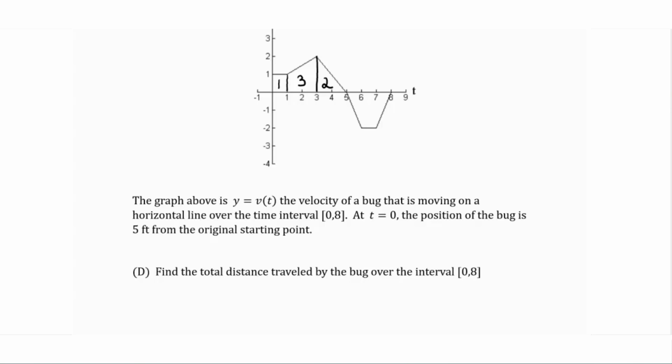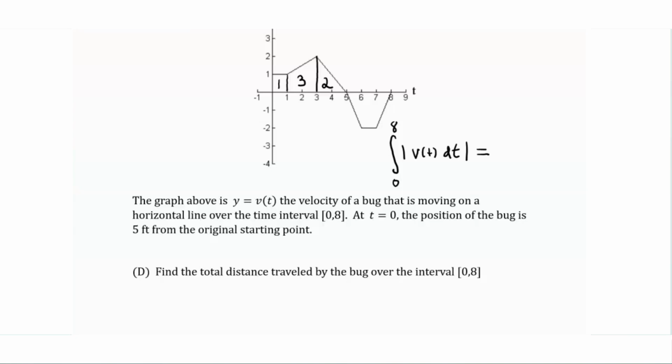Part D, find the total distance traveled by the bug over the interval 0 to 8. We need to make the distinction between displacement and total distance traveled. If you want the total distance traveled, you have to take the absolute value of v of t dt. From 0 to 5, the absolute value would remain 6, 1 plus 3 plus 2.